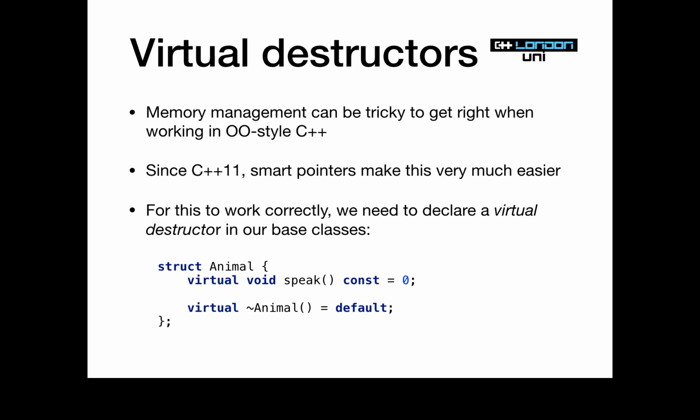You always need the tilde. That's how we declare a destructor: the tilde and then the name of the class, but not having virtual on the front. If you wrote animal equals default without the tilde, that would be a constructor. Constructors and destructors are separate. Right, okay.